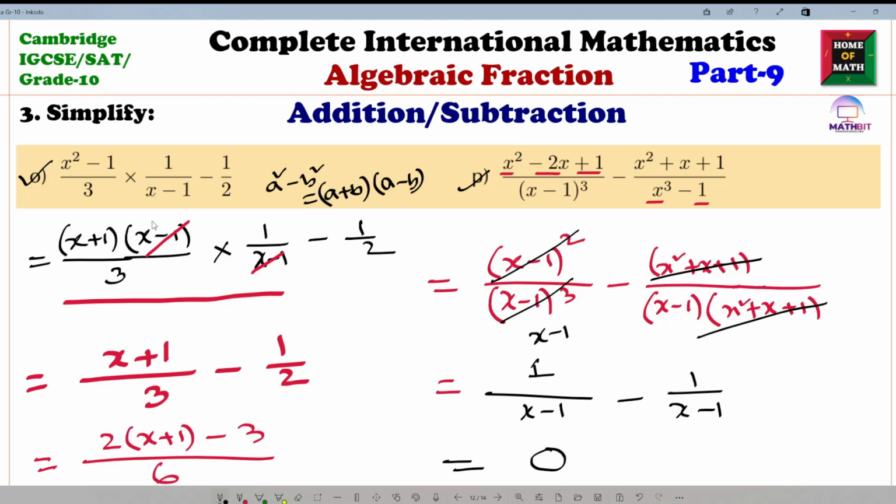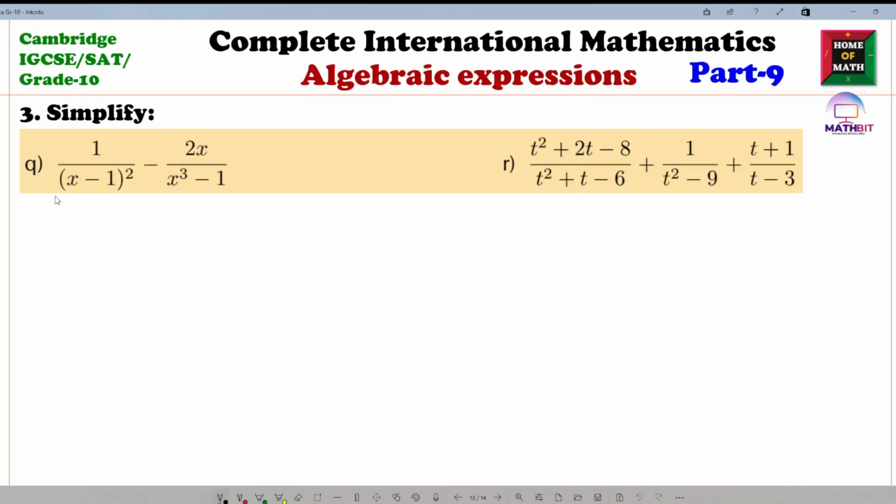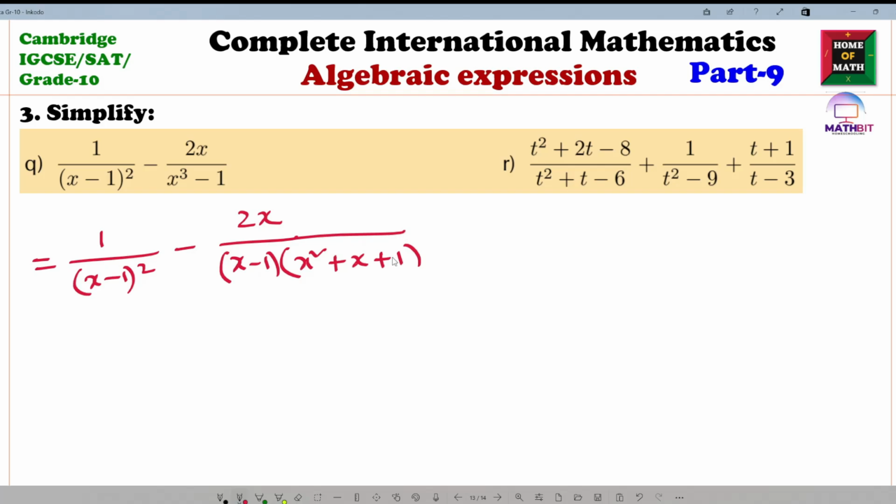Okay, so number O and number P done. Now number Q. Number Q, 1 by x minus 1 whole square minus 2x divided by x cube minus 1. So first, here is 1 divided by x minus 1 whole square, we will not do anything, and here is 2x. This x cube minus 1 we can write as x minus 1 then x square plus x plus 1, right?